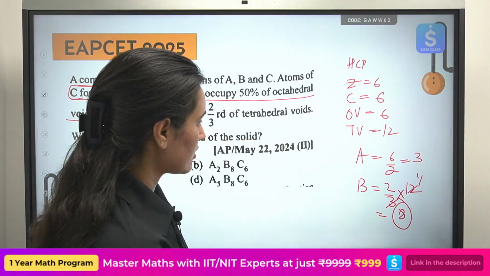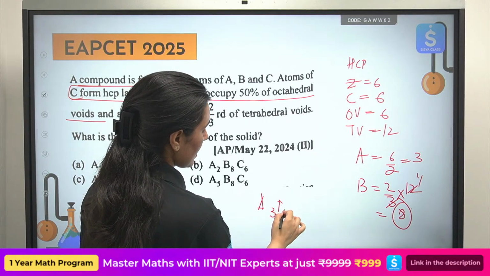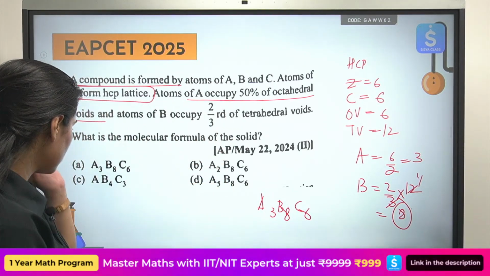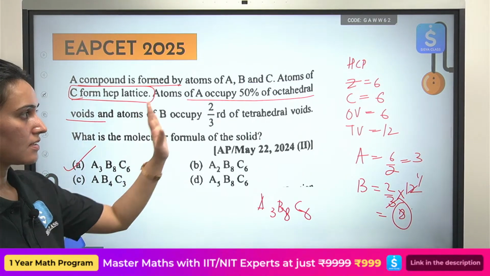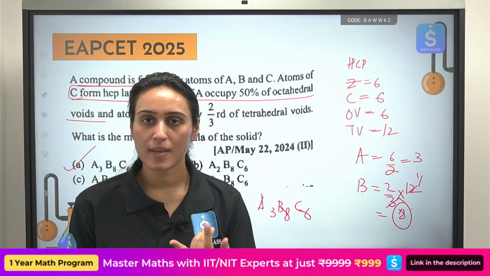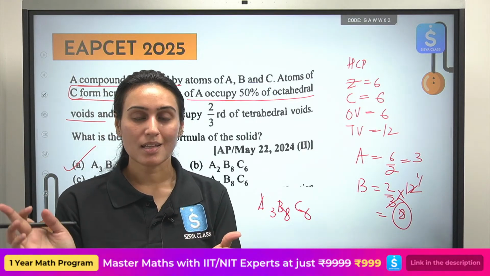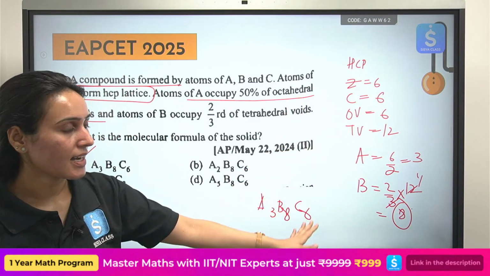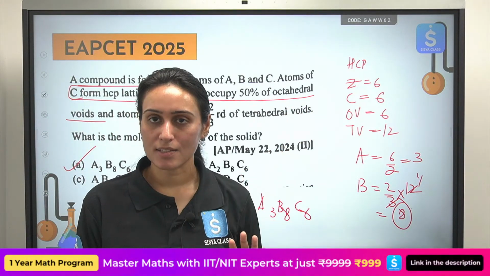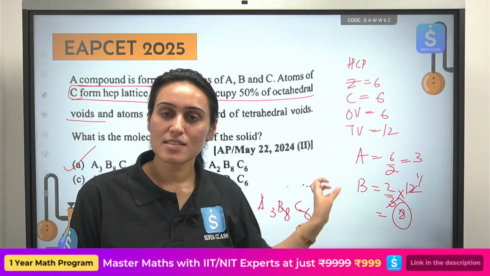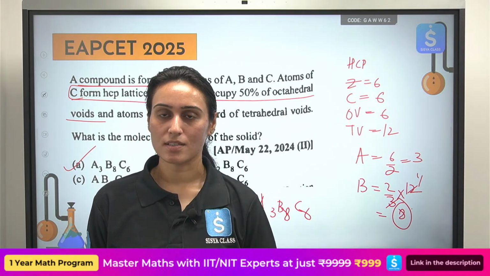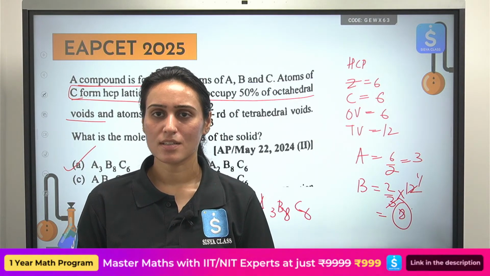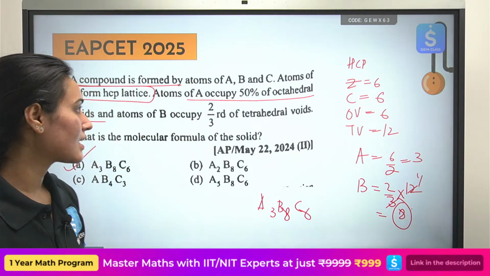Write the formula. So A3B8C6. If you know the relationship between number of atoms per unit cell, number of octahedral voids, and number of tetrahedral voids, you can solve any such question. We are not doing anything new. We are just repeating the same thing based on the information given to us in the question. You don't have to worry about how we will know how many voids are occupied. They will tell you in the question. You just have to read it carefully. Okay. See the next question.